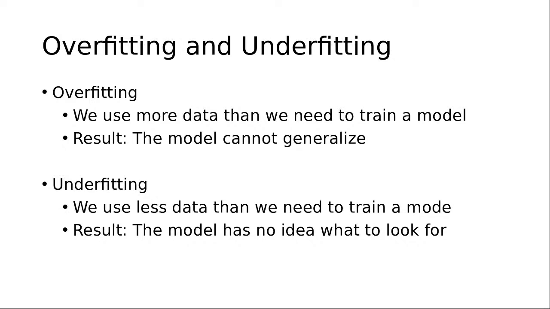Overfitting is the machine learning equivalent of what happens when our parents tell us the same thing over and over again. On the flip side, we have what is called underfitting. Underfitting is when we use less data than we need in order to train a model. The end result here is the model has no idea what to look for.